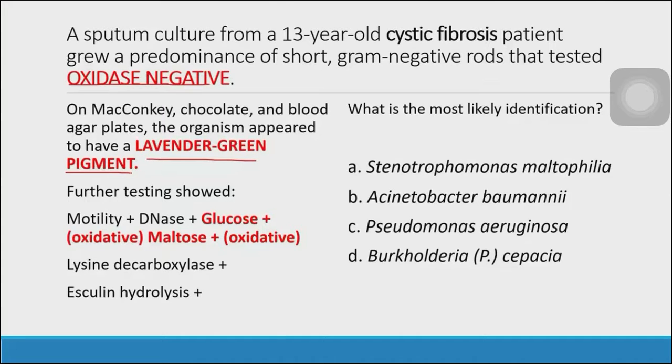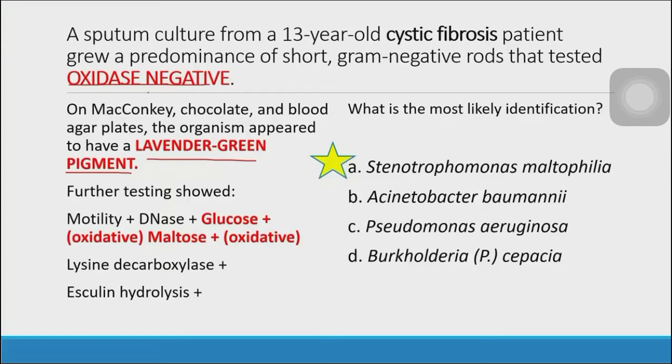So ito mga naka-red, yung mga characteristics of morphological colonial characteristics and biochemical characteristics na dapat tandaan nyo sa organism na to. So this organism being referred to is Stenotrophomonas maltophilia. Wag kakalimutan, Stenotrophomonas maltophilia has a lavender green pigment, glucose positive, oxidative, maltose oxidative, and oxidase negative.